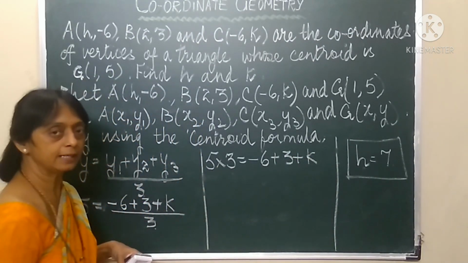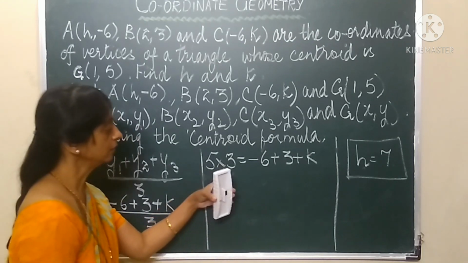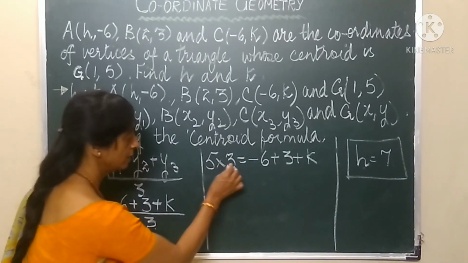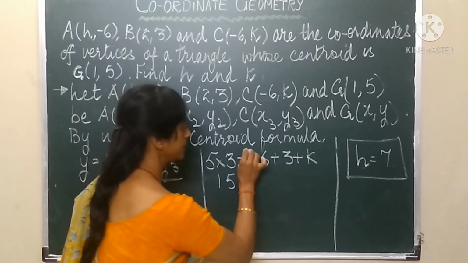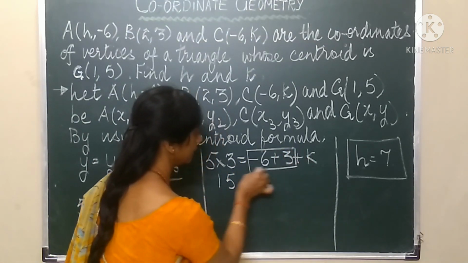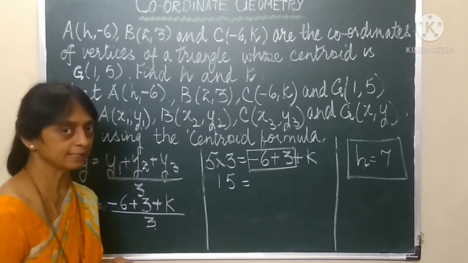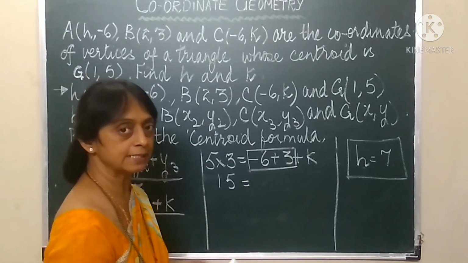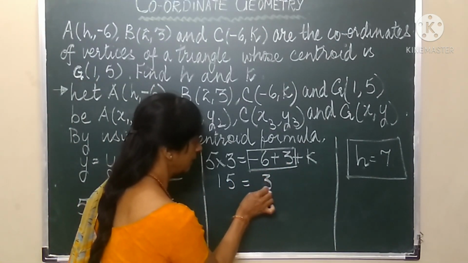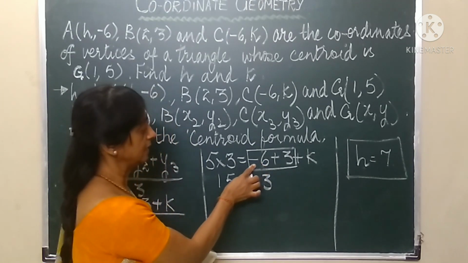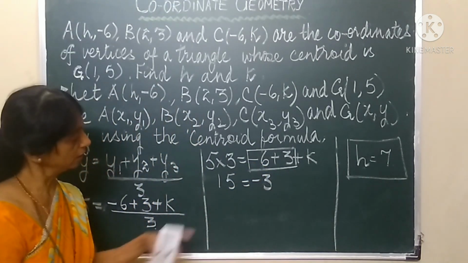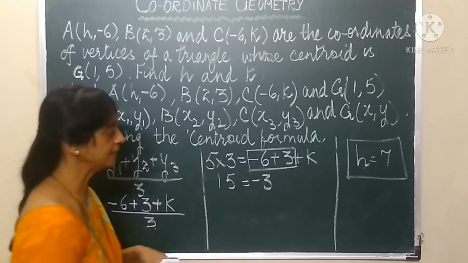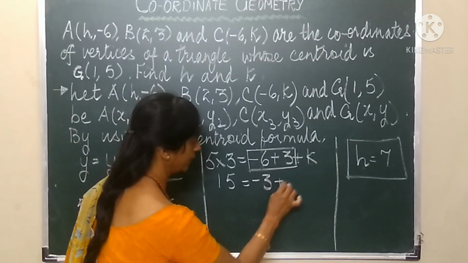On the left hand side, let's perform the operation of multiplication. 5 3s are 15. Over here, the like terms, again both with opposite signs. Let's subtract. 6 minus 3 gives us 3. Greater number is 6. The sign before it is minus. So the answer also gets a minus sign. Plus k, let's not forget.